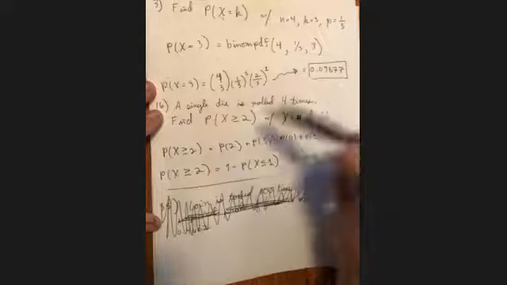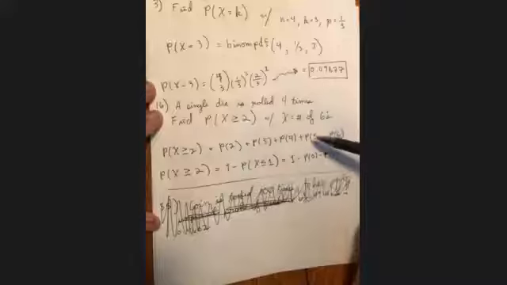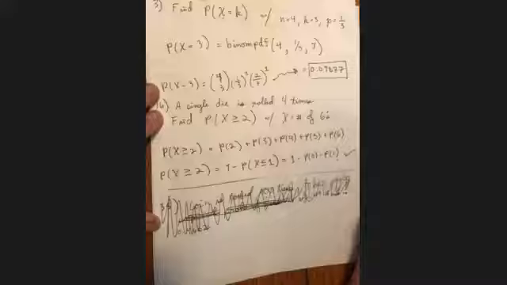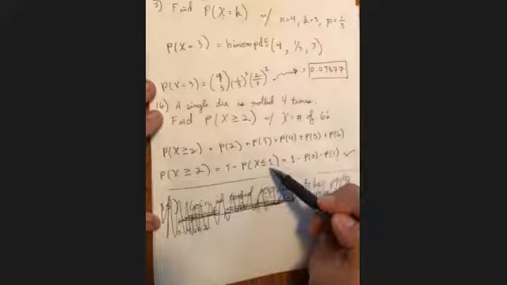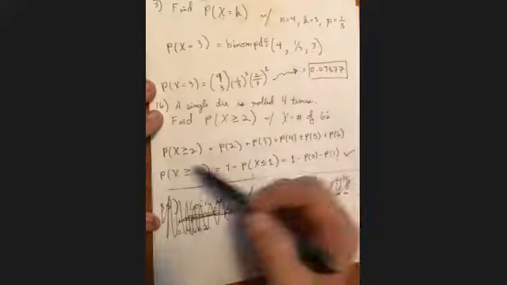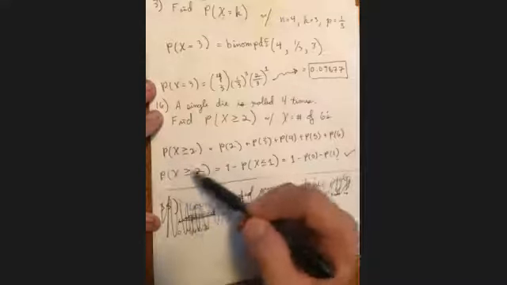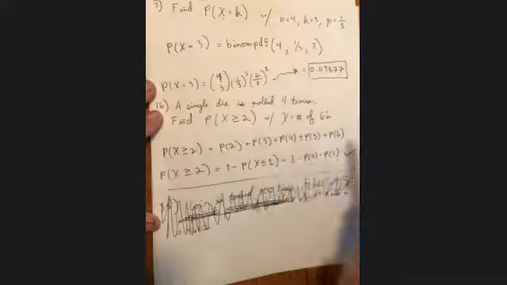If we were doing this by hand, we definitely want to take the second route. But because we have a calculator, it really doesn't matter, except that the calculator can only do these less than or equal to probabilities. There is no way to directly do this greater than or equal to probability in the calculator. So even with the calculator, it's best to take the second route as opposed to the first route.